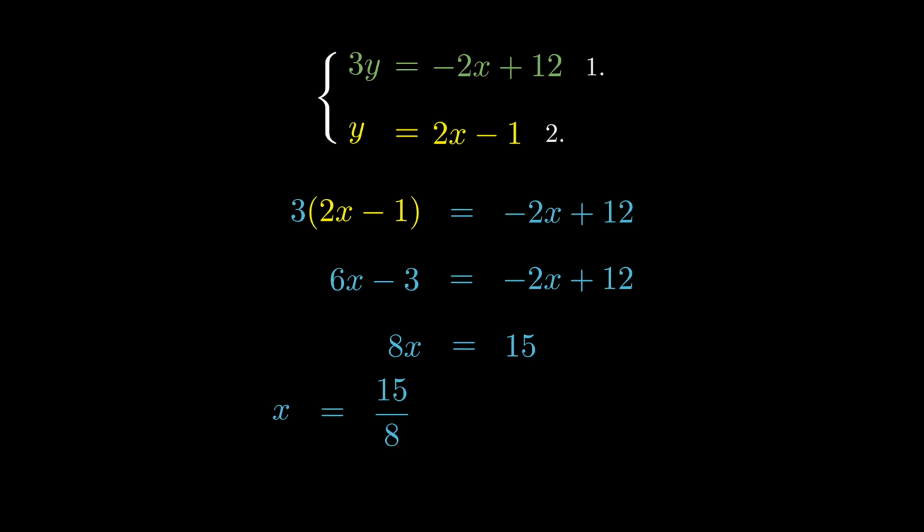We can substitute the answer we got into equation 2. So y is equal to 2 times 15 over 8 minus 1. When we calculate this, y is equal to 11 over 4. And this was the coordinates that we saw before when we represented this graphically.